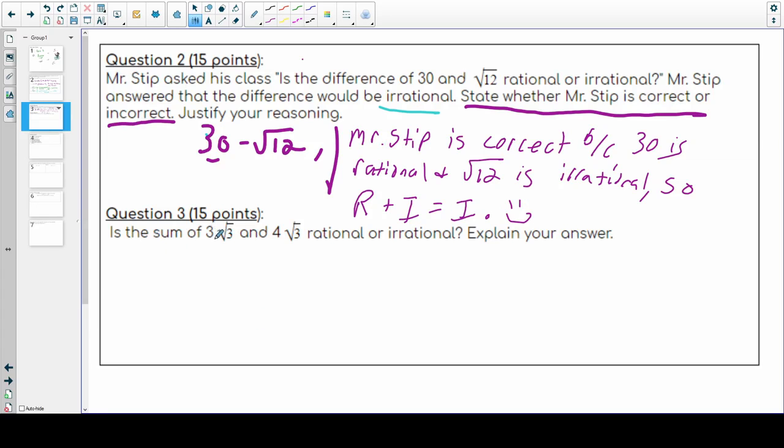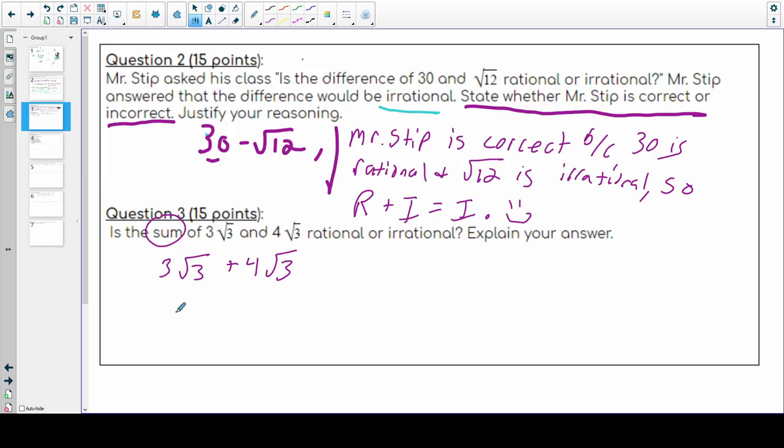The sum of 3 times the square root of 3 and 4 times the square root of 3. Okay? Sum means add. So 3 square root of 3 plus 4 times the square root of 3. We want to know if it's rational or irrational. Now there's a couple ways to do this. The first way we can do this is, well, 3 is rational. The square root of 3 is irrational.